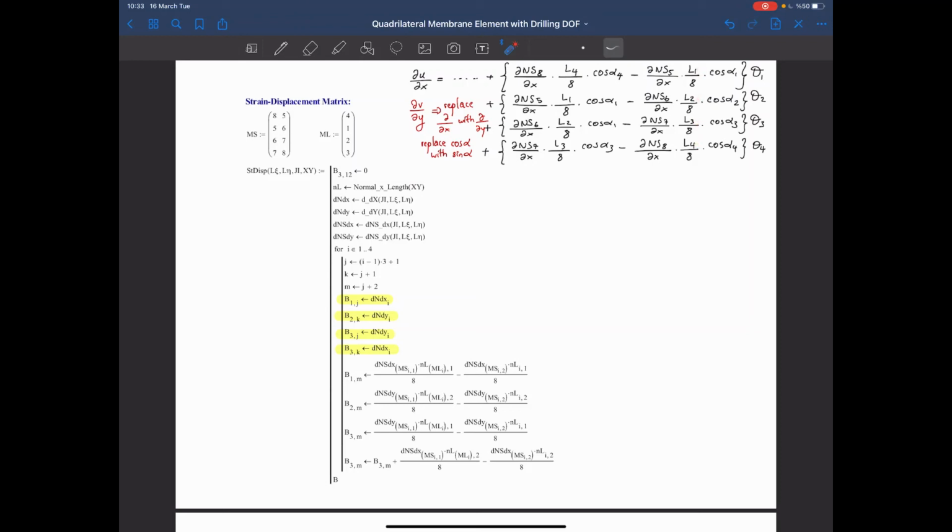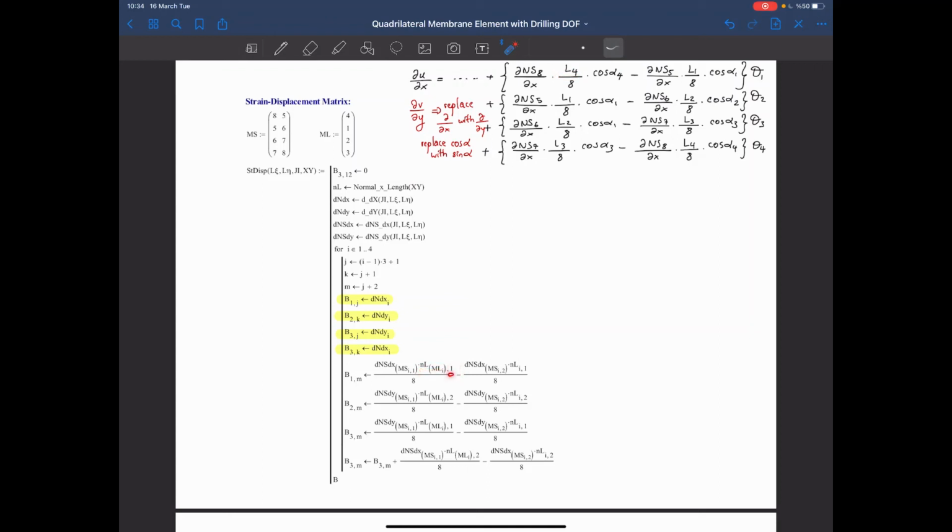So if you take a look at this one, I'm taking dNs dx, and using the first index of ms. So it's this part, multiplied with the cosine of the normal with the length, it's this one.